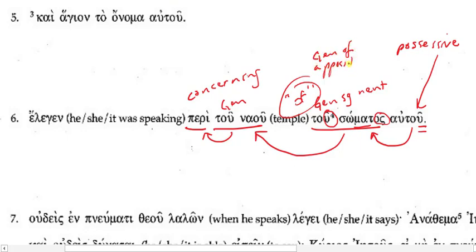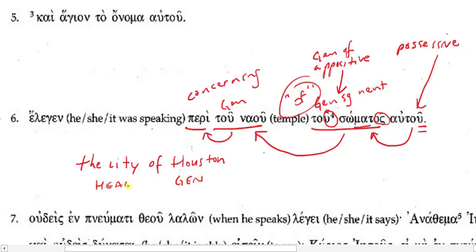And it's like this. If I said, we live in the city of Houston, and I were to write that in Greek, the city of Houston, which one of these nouns would be in the genitive case? Yes, Houston would be in the genitive case. This would be my head noun, and Houston is modifying the city. So is that a genitive of possession? Am I saying we're living in Houston's city?